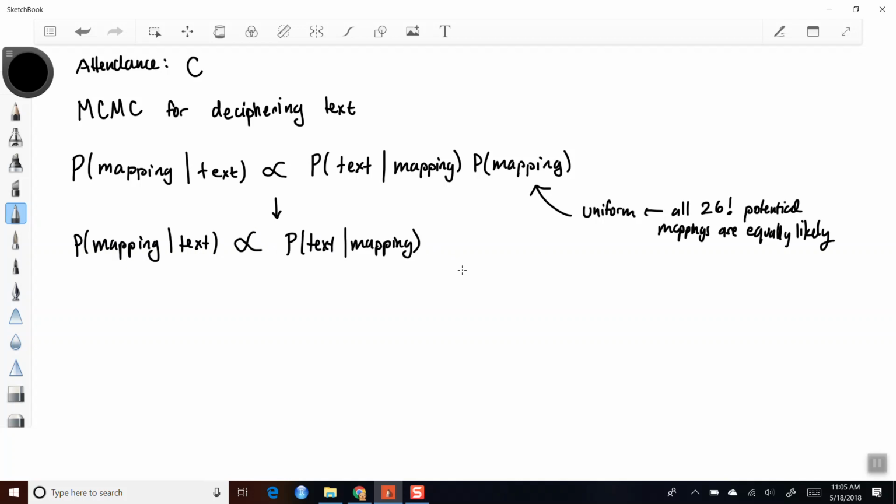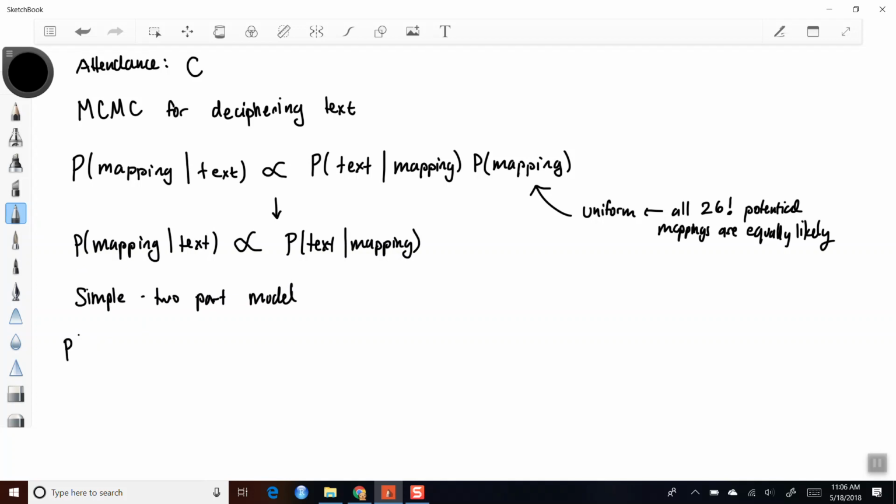On Wednesday, we talked about one model for evaluating the probability of a text given our mapping. So we have a simple two-part model.